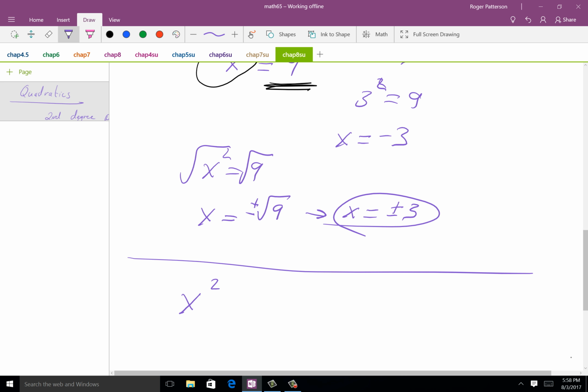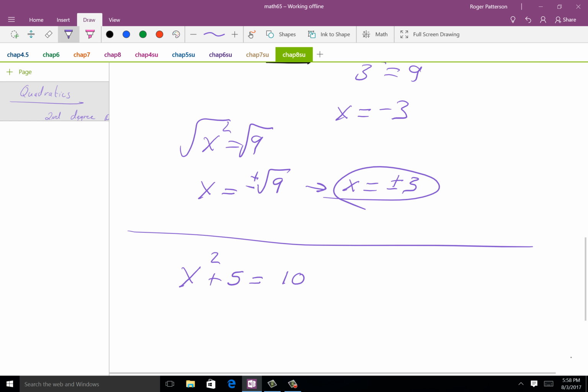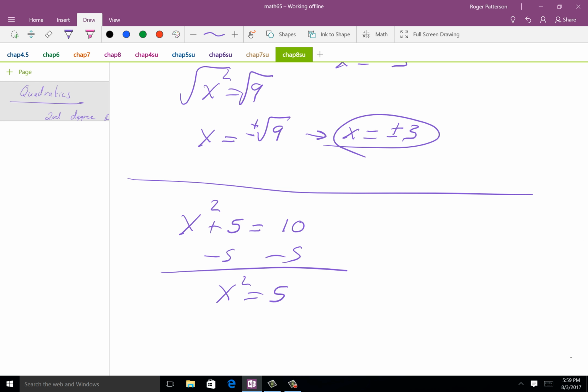So let's build on it a little bit. Here we have x squared plus 5 equals 10. Again, we want to get this square by itself, so we're going to move that 5 over there and get this. Now that I have it in the right form, I'm just going to square root it.